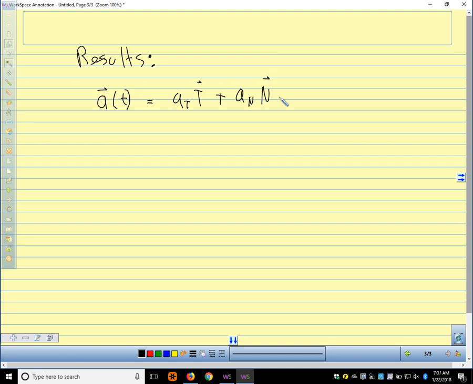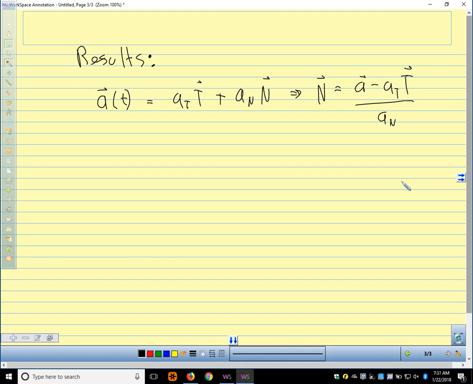This gives us a way to calculate our principal unit normal vector without doing t prime over the magnitude of t prime. I can solve this for the principal unit normal vector. I get n equals the acceleration minus a sub t times t over a sub n.